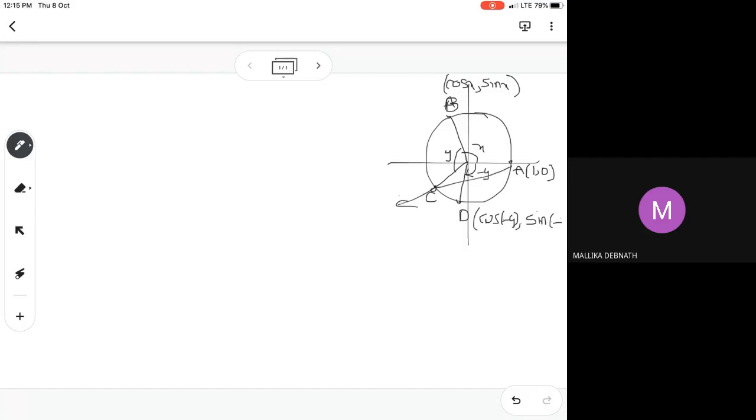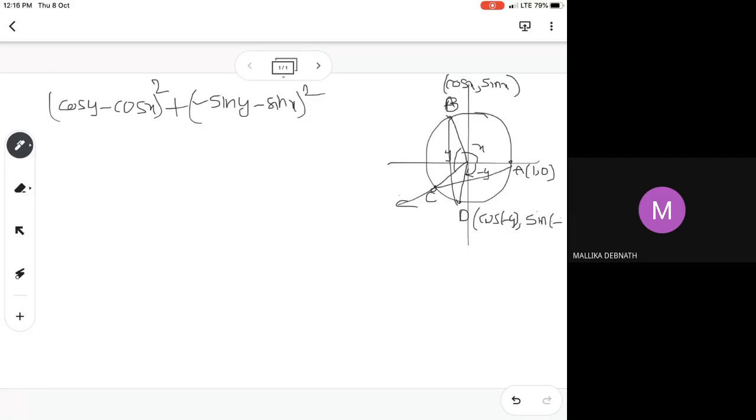BD length we already have written. So here I am going to write that BD length. Cos of minus y is nothing but cos y. So BD square is cos y minus cos x whole square plus minus sin y minus sin x whole square.